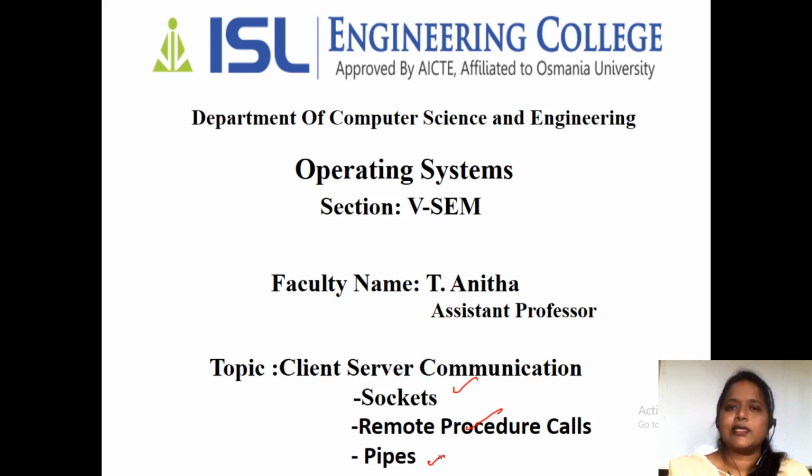So a socket is a combination of this IP address and the port number. Port numbers are given to each and every process. The port numbers from 0 to 1024 are fixed. For HTTP, we have the port number 80, which is a fixed one.